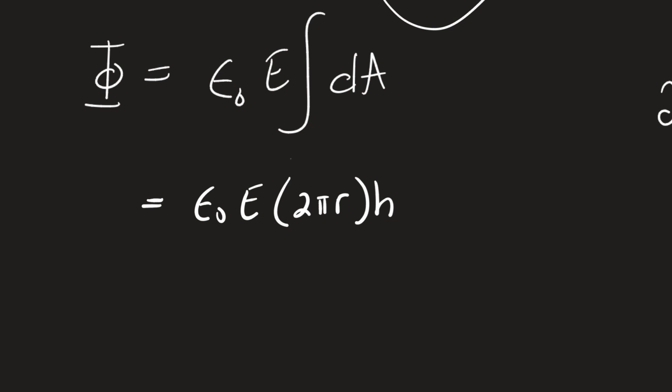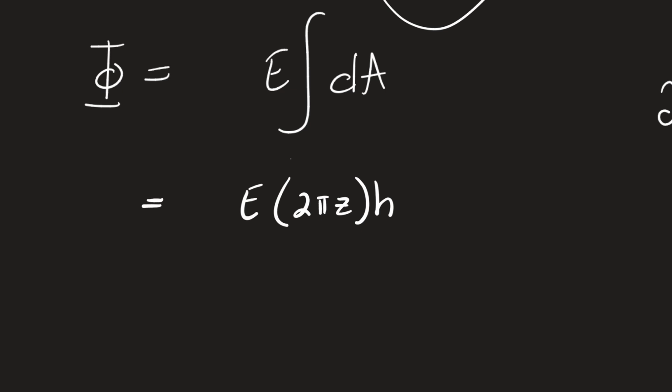Except I'm going to replace R with Z because the variable that we are using to represent the radius was Z. Because our original problem was about finding the electric field a distance Z away from our long charged wire. So this is the total flux, a distance Z away.